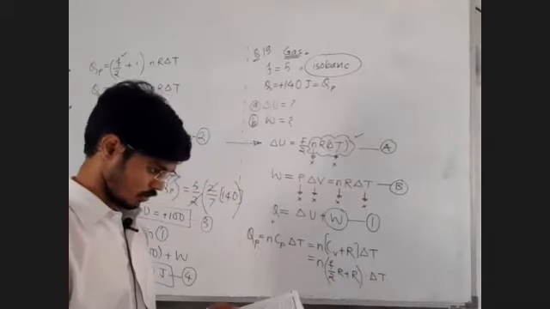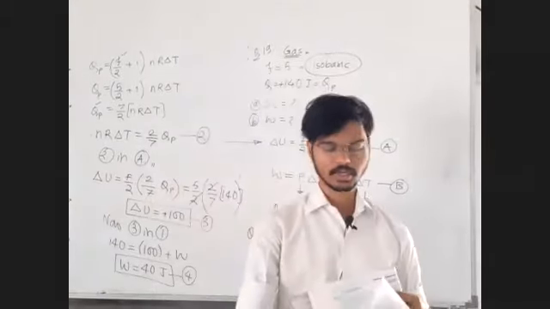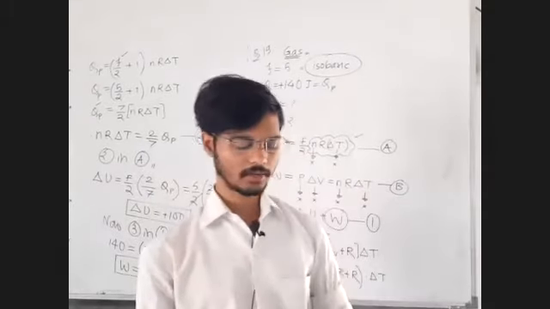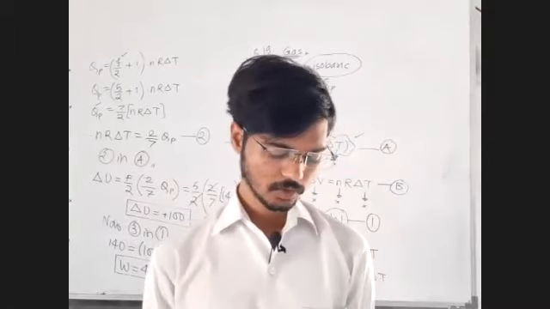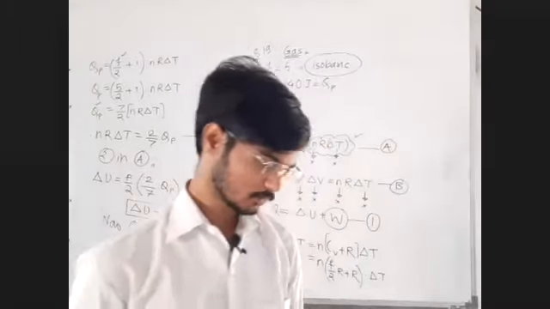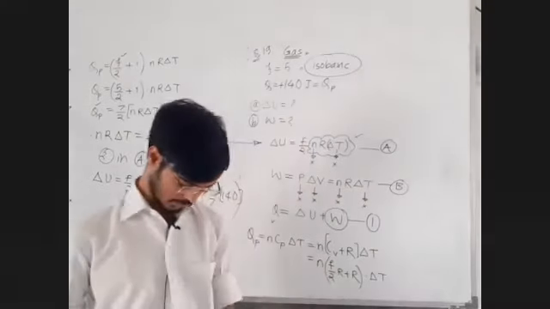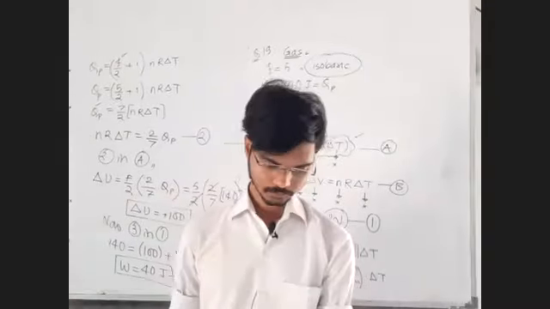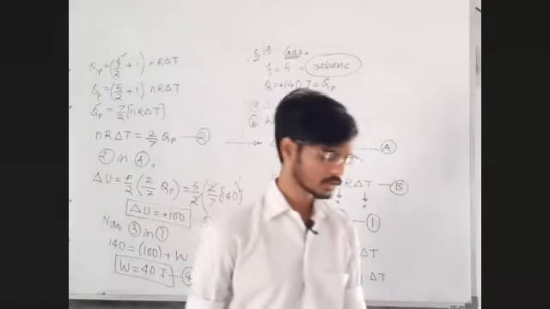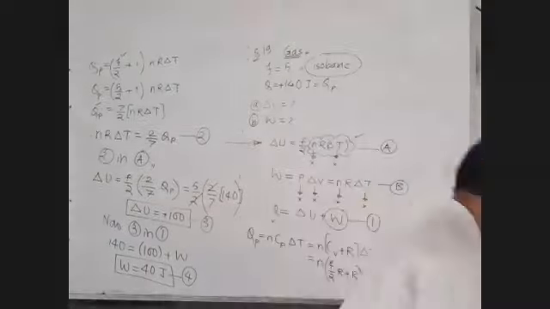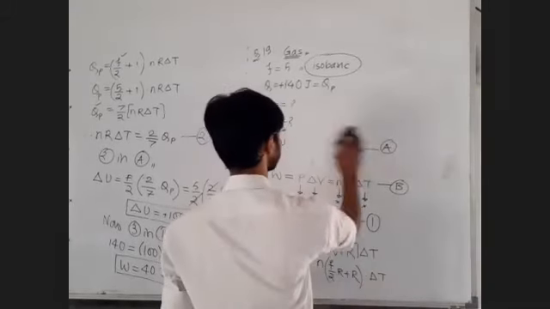Fine. Now write down the next heading, as again we have given some information about thermodynamic processes. So write down along with me: Application of first law of thermodynamics, FLOT. In short, write down FLOT. For thermodynamics, write THD.